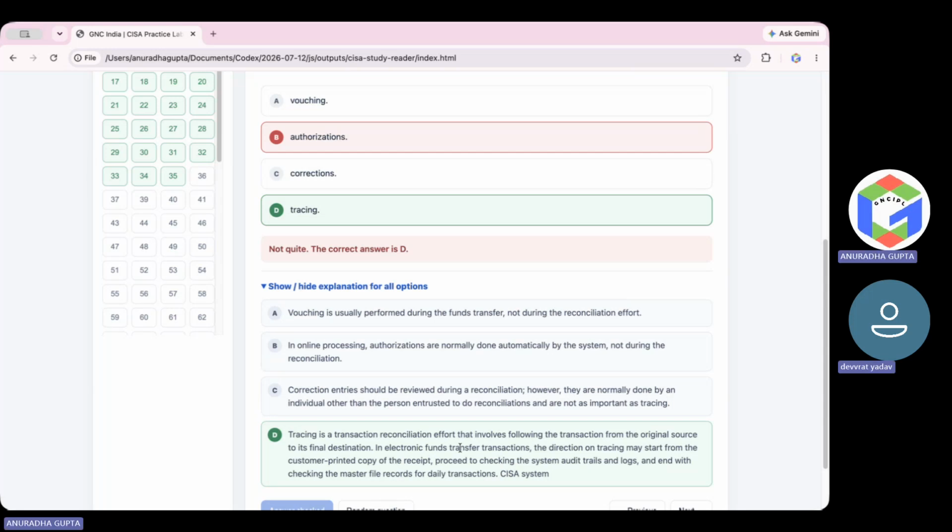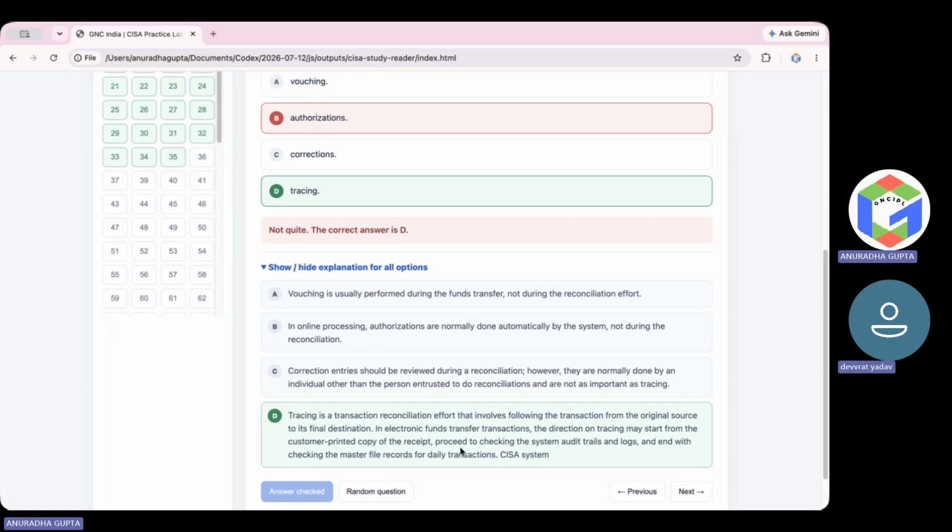Effort means tracing is a process. It is a transaction reconciliation effort that involves following the transaction from the original source to the final destination. Suppose a person A has performed a transaction, so he will get the receipt of that.